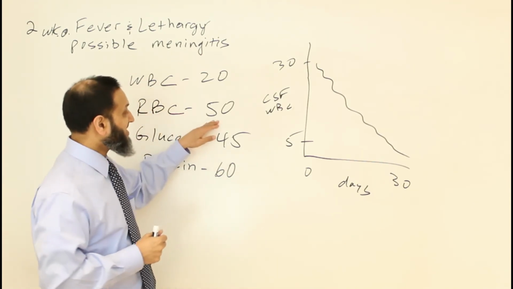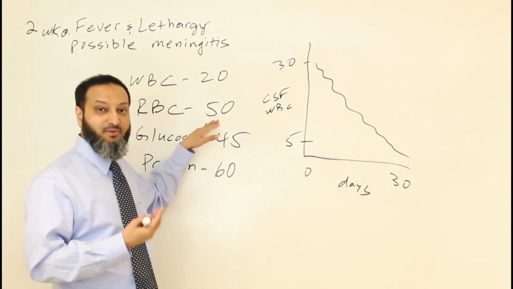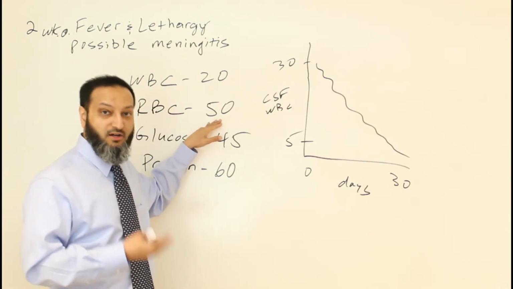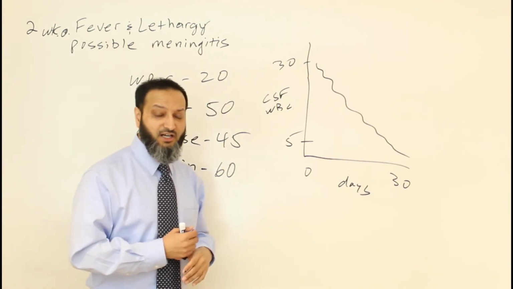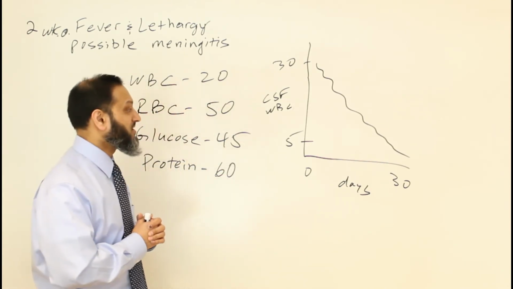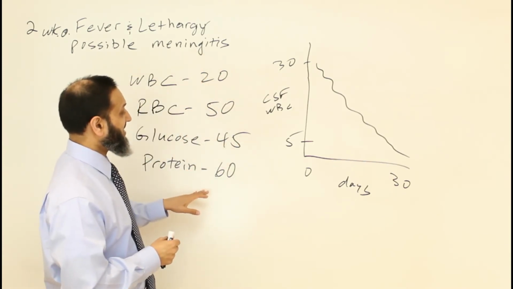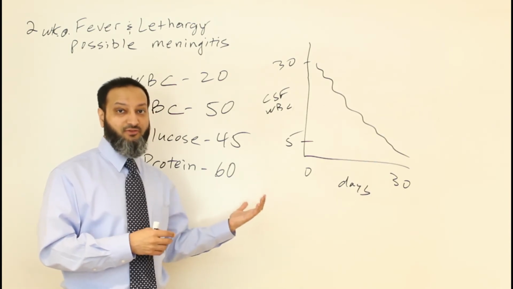So the 50 red cells are actually typically found in the hemorrhagic meningoencephalitis that can be caused by herpes. So these 50 red cells are part of the infectious process. And the 20 white cells is a typical CSF count in an infection caused by herpes. So this is a CSF count and numbers possibly consistent with herpes meningoencephalitis, okay?